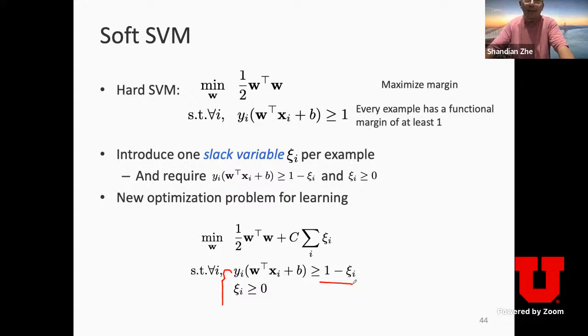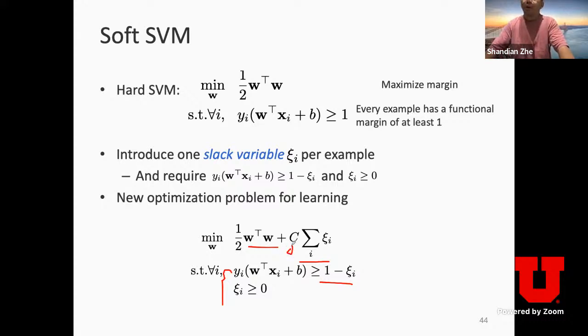And then in the objective function, it becomes half the squared norm of w plus C times the summation of all the slack variables. And here, C is the hyperparameter that indicates the trade-off.